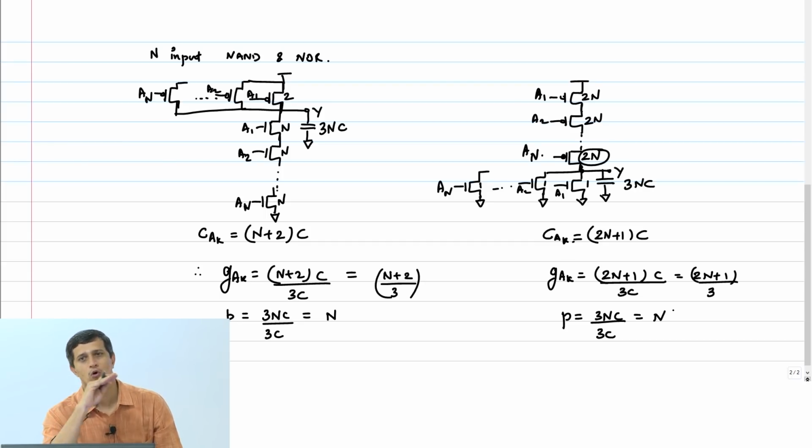So therefore, don't make logic gates with more than 4 transistors on either stack. Clearly, it is much worse to stack transistors on the PMOS rather than on the NMOS, because the logical effort is now going up as 2n plus 1 by 3. Again, what does this logical effort mean?